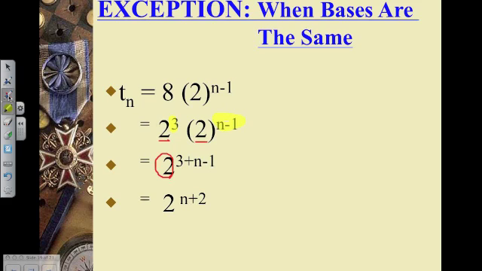And when you do that, 3 plus -1 gives me 2, and the n remains the same, so your final answer is 2 to the power of n plus 2. Just to be safe for your unit guide and your test, I would keep everything separate unless otherwise specified, but this is the only time that we can combine.